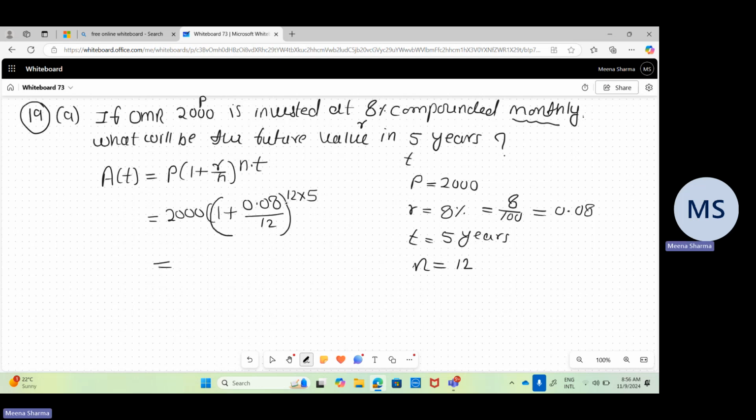First, take the 0.08 rate and divide it by 12. Whatever number you get, add it to 1. Then the whole number you got, raise it to the power 60 and multiply with 2000. So what did we get after that?